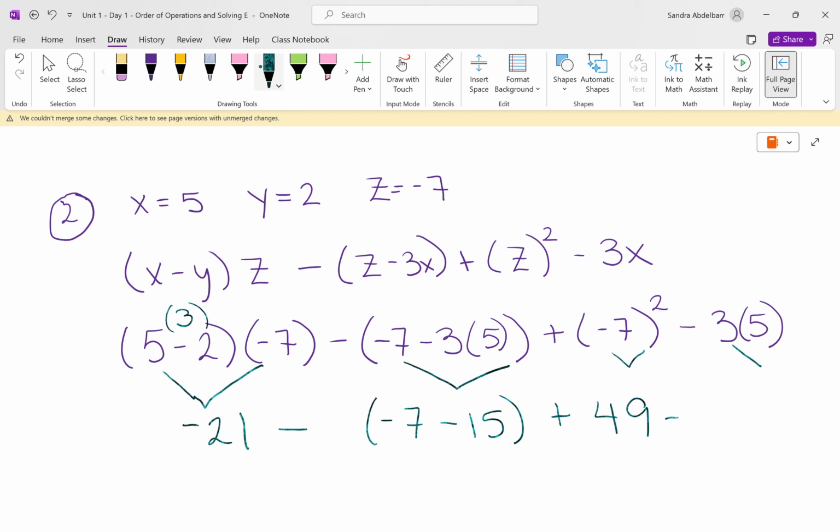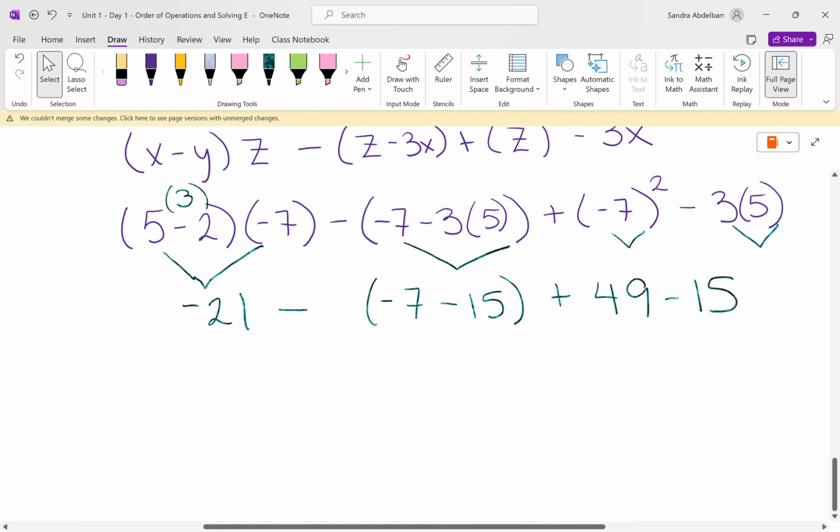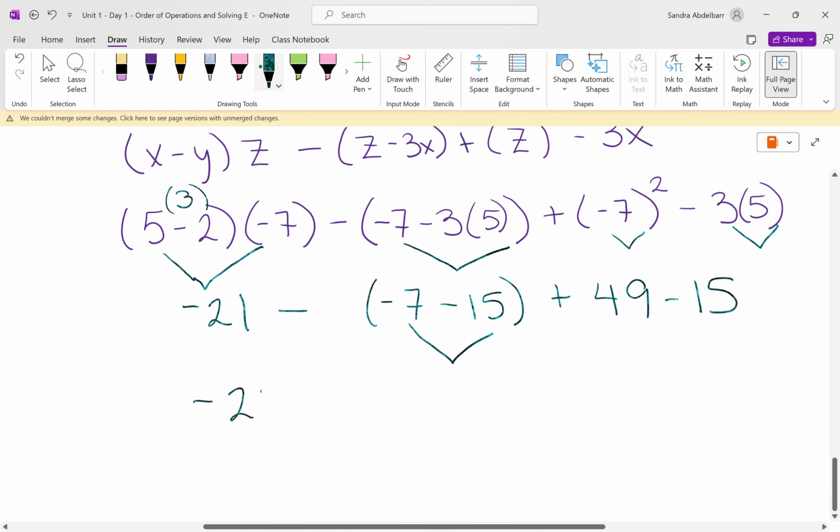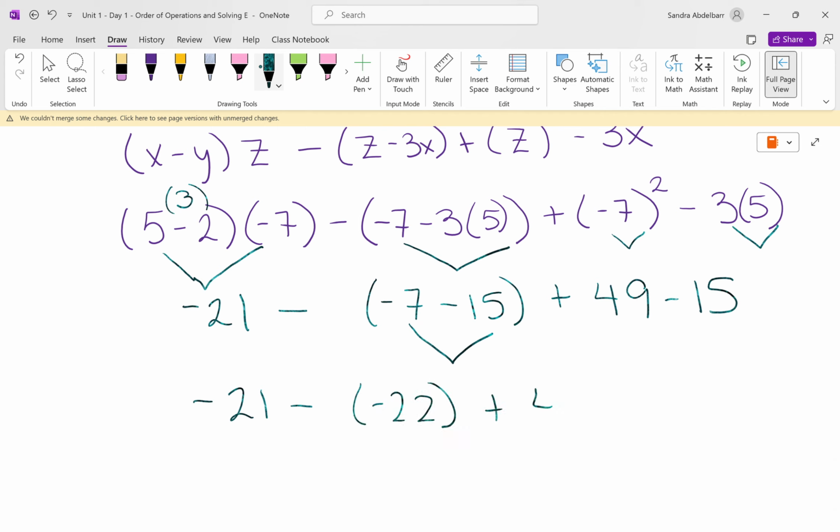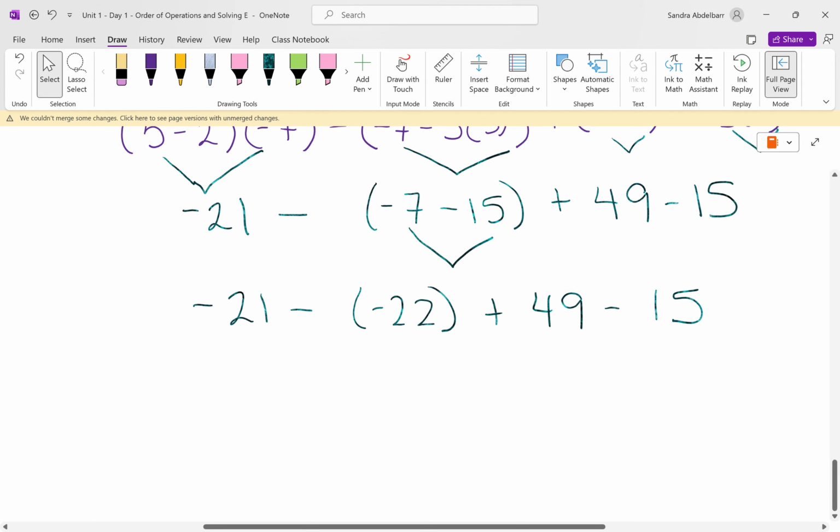I'm going to just do this since it has no effect on anything else. Negative 7 squared is 49, and 3 times 5 is 15. I'm still working within these parentheses. Negative 7 minus 15 is negative 22, plus 49 minus 15.